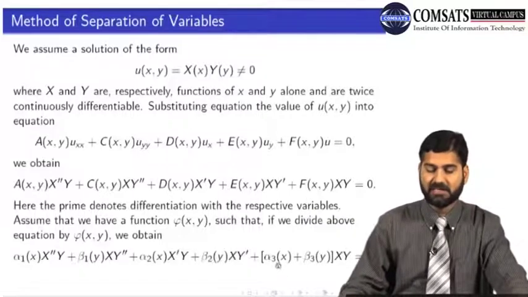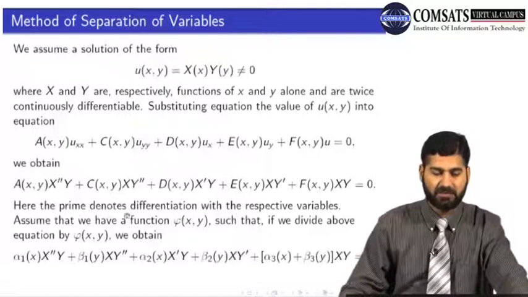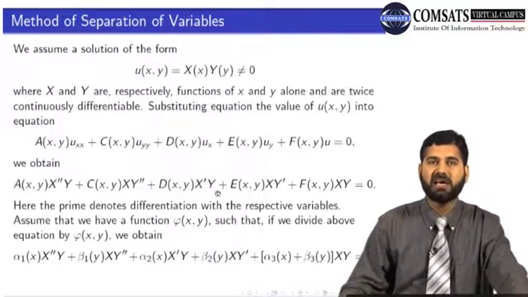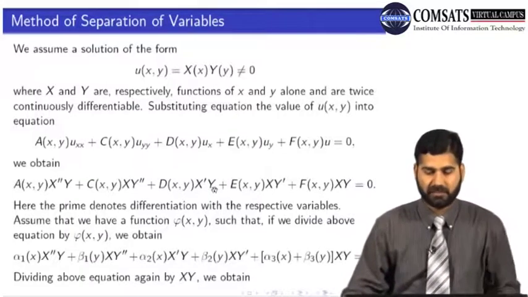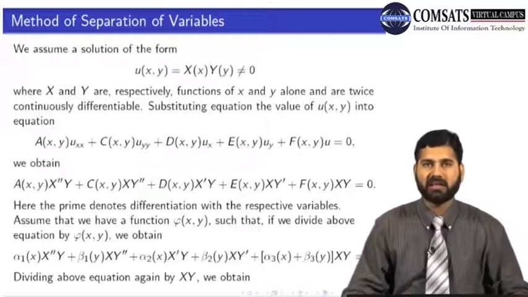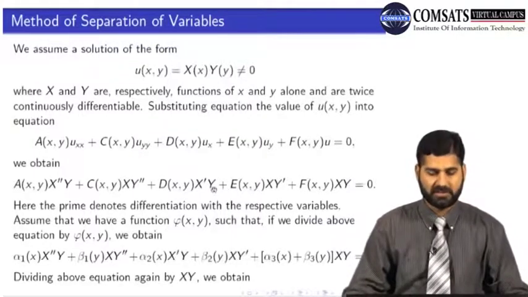So here you are dividing by such a function that makes all these coefficients functions of only one variable. Then we can easily divide by X Y and obtain separate equations.